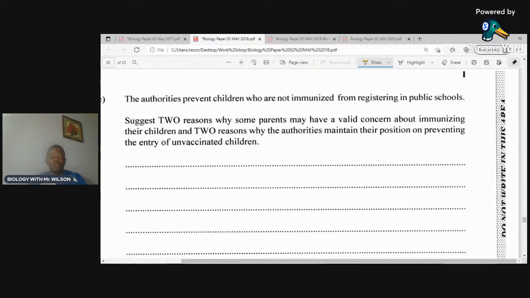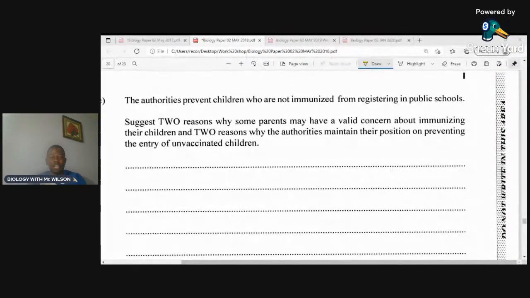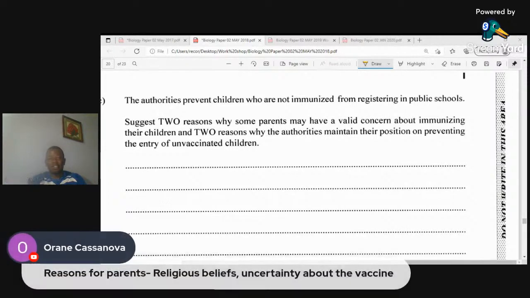Suggest two reasons why some parents may have a valid concern about immunizing their children, and two reasons why the authorities maintain their position on preventing the entry of unvaccinated children. So you are going to be given those two reasons that the parents have that you are agreeing with, or that is plausible. So let me look at what Casanova is saying here.